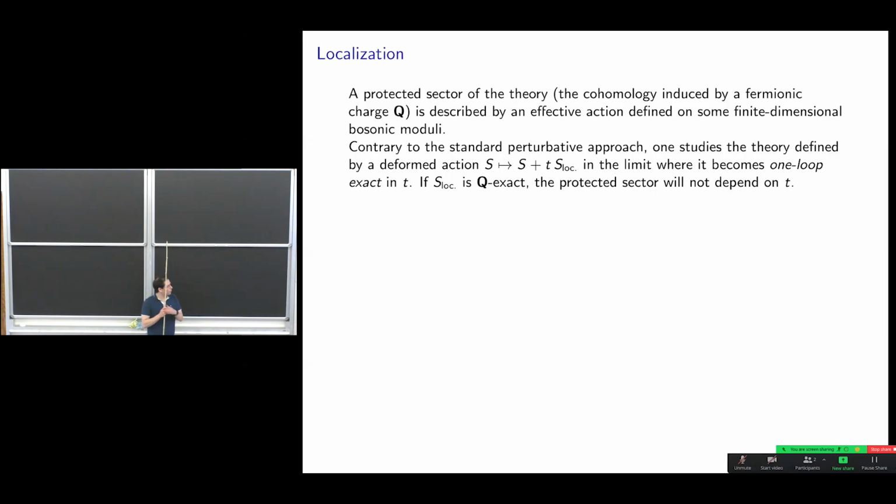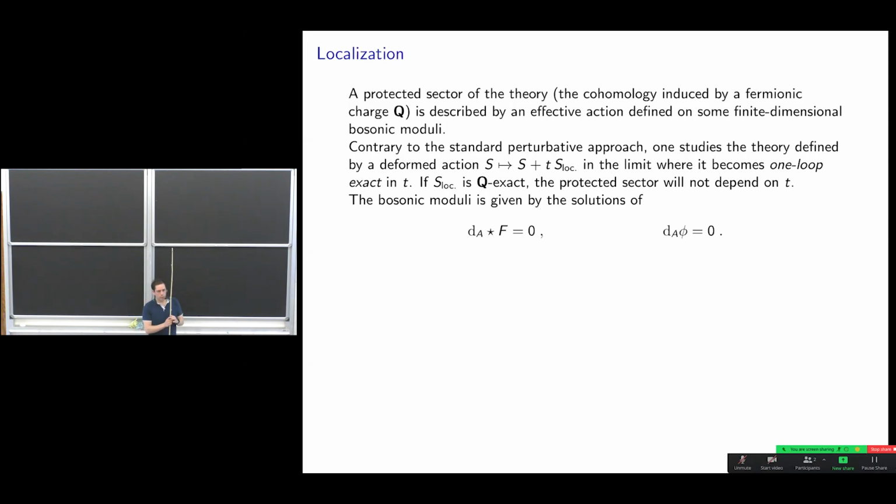So instead of doing the standard perturbative approach, you study the theory at one loop in this coupling T that has to do with some deformation of your action. The result is not the original theory, but if the localizing term is Q exact, the protected sector does not depend on T. So that's the power of the localization argument.